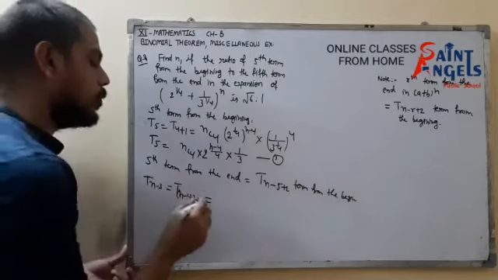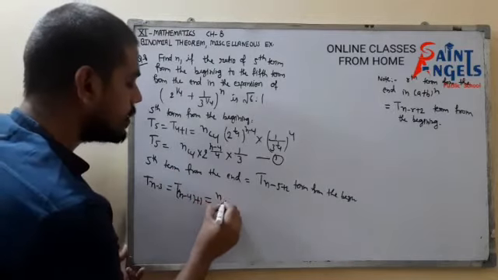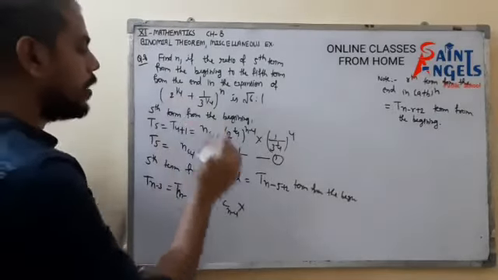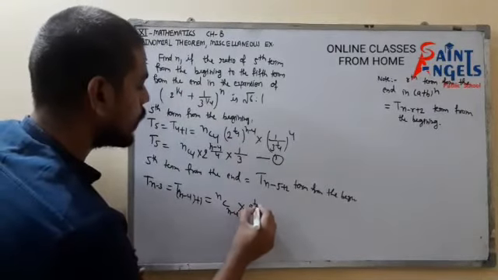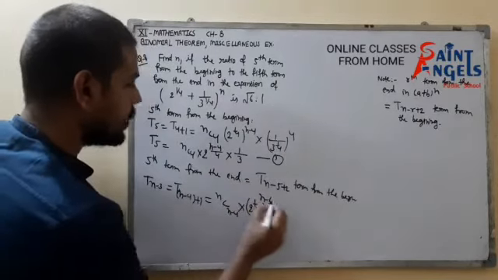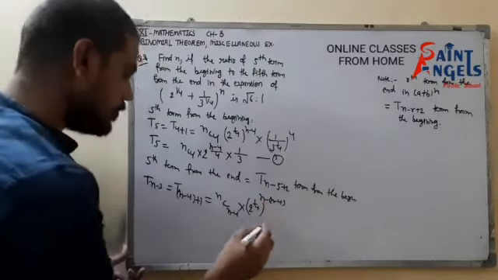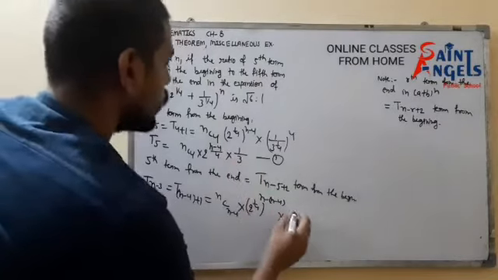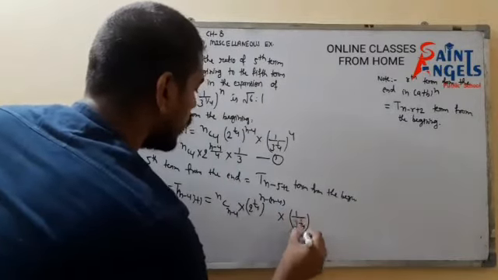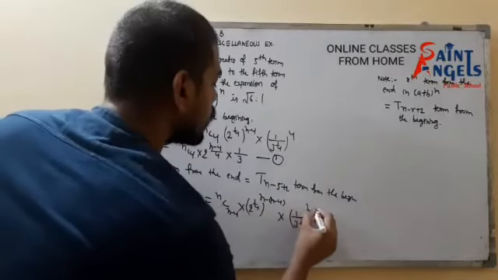So now the general formula would be nCr. So nC(n minus 4) into a to the power n minus r, it means 2 to the power 1 by 4 to the power n minus r. So n minus r is n minus 4, into b to the power r, that is 1 upon 3 to the power 1 by 4 to the power n minus 4.